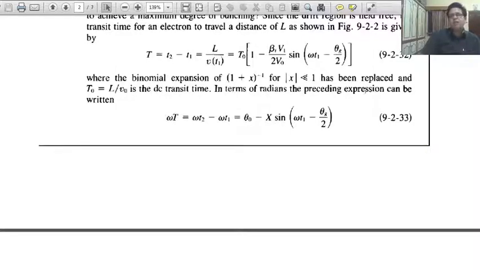In terms of radians, you just multiply this expression by omega, and simplifying it, we get omega T equal to omega T2 minus omega T1 equal to theta 0 minus X sin omega T1 minus theta g upon 2. That is in terms of radians.